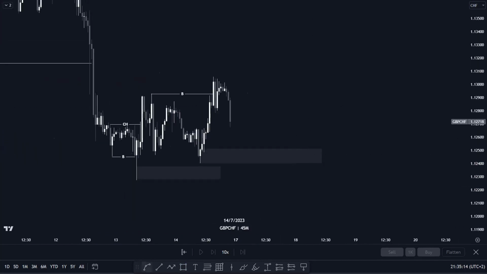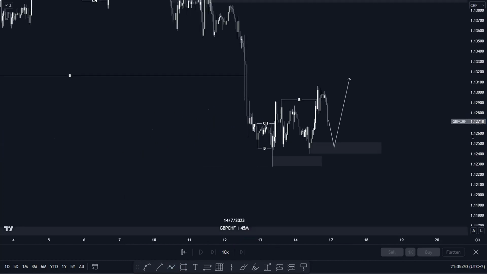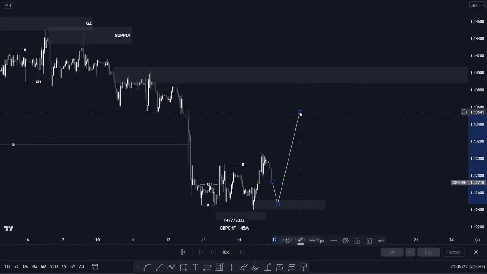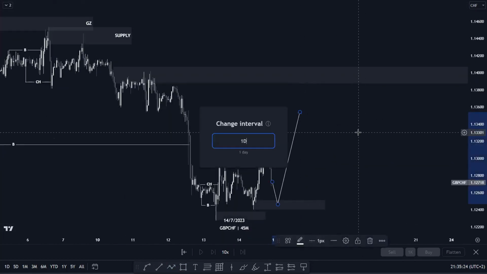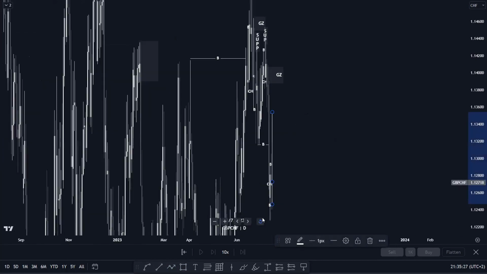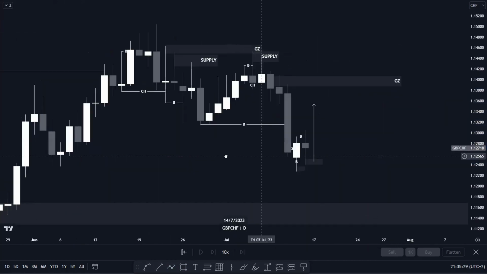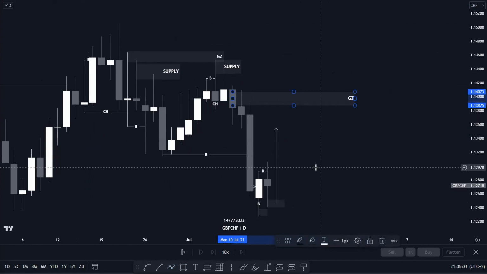So basically what we'll be looking for is price to tap into our zone here and push to the upside to our higher time frame golden zone entry here, which is our high time frame golden zone entry.